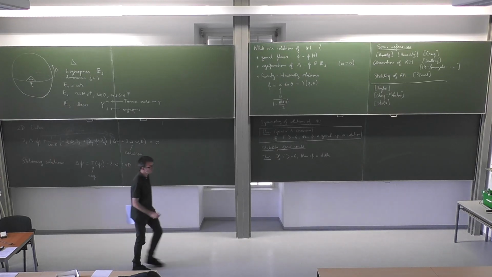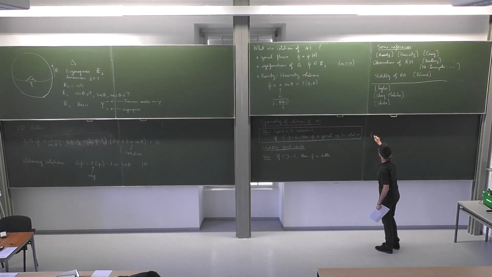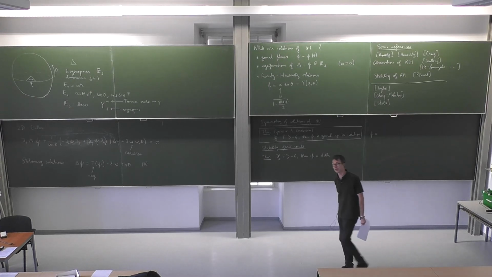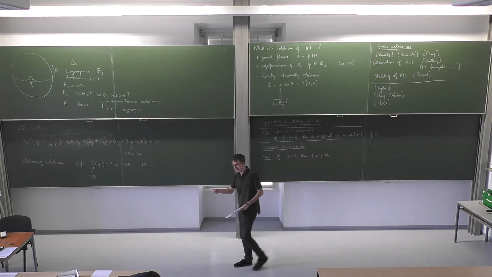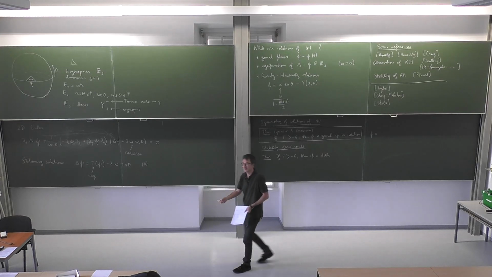Yes. So maybe let me spell it out. What I mean is that if you choose the polar axis correctly, then psi is zonal. But that's the best you can hope for.